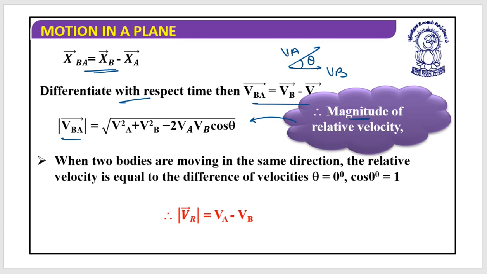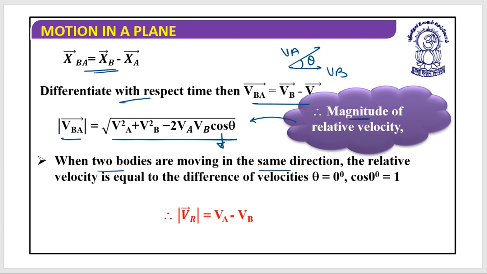This is VBA; I have put it in modulus, so I am interested in the magnitude only. VBA equals the square root of VA squared plus VB squared minus 2 VA VB cos theta. Now let's discuss special cases based on this.